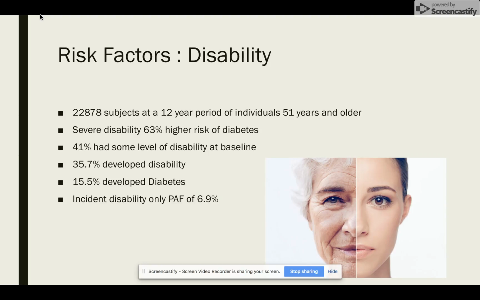There's a statistically significant dose-response relationship of increased risk of diabetes among those with any level of functional decline. For incident disability, I only found the population attributable fraction, which was 6.9%, assessing the percentage of diabetes cases attributable to mobility disability.